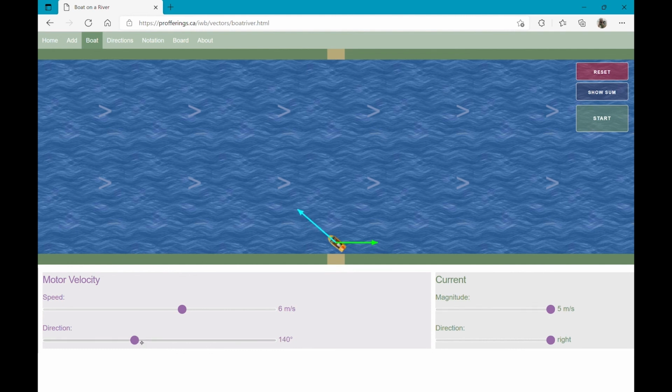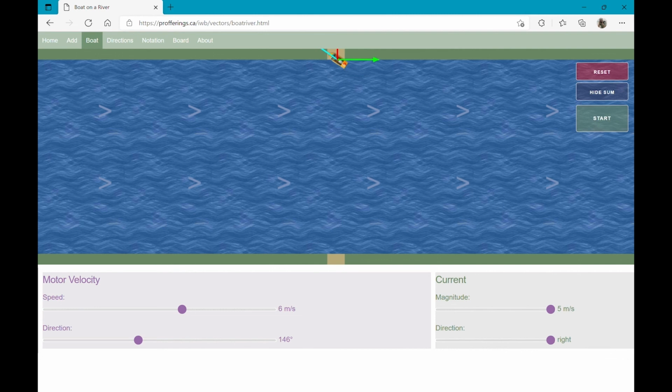Try and get that right. There we go. Now let's see where the boat goes. And now we can see our boat is traveling straight across the river. If I show the sum there, the net velocity, there it is, straight across the river.